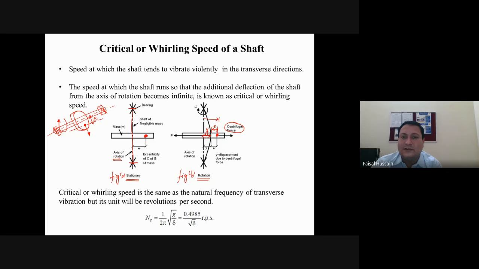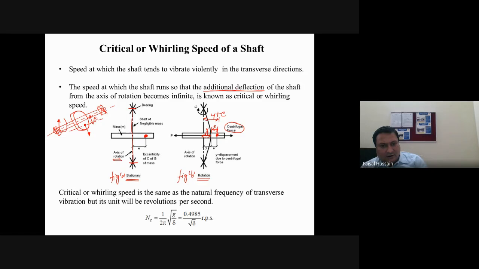Now the total deflection will be Y plus E, and this Y is the displacement due to the centrifugal force. So now you can see that because of this speed, the additional deflection of the shaft from the axis of rotation will become infinite. As the speed goes on increasing, this displacement will increase, and at one point the shaft will fail. So this is the concept of critical speed or whirling speed of shaft.